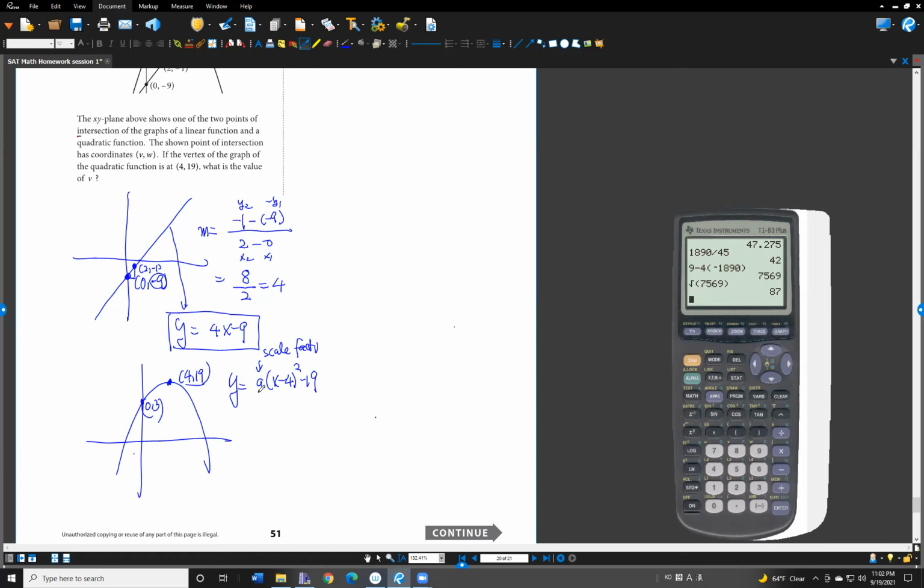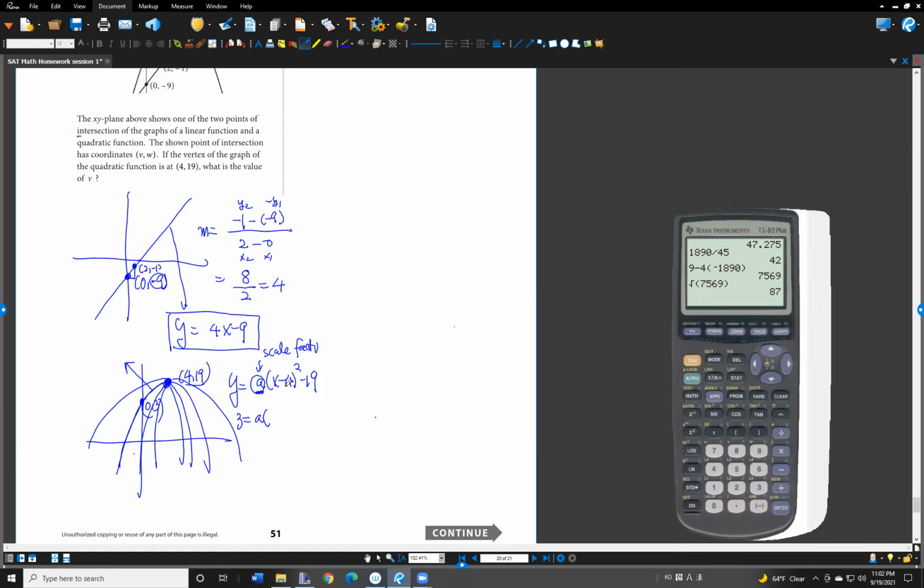Now we still need to define a, right? This is the scale factor. The graph is narrower or wider. Many graphs can have the same vertex, right? They have the same vertex over here. We're going to choose this one, a particular solution, the graph which passes through 0 and 3. So when x equals 0, y is 3, right? y equals 3.